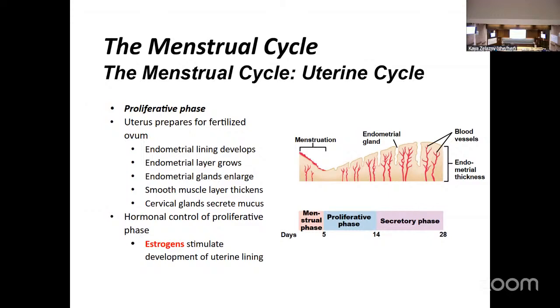And if you look at the cervix, so the bottom third or so of the uterus is your cervix, it produces mucus generally throughout the menstrual cycle, but the qualities of that cervical mucus change in our different phases.